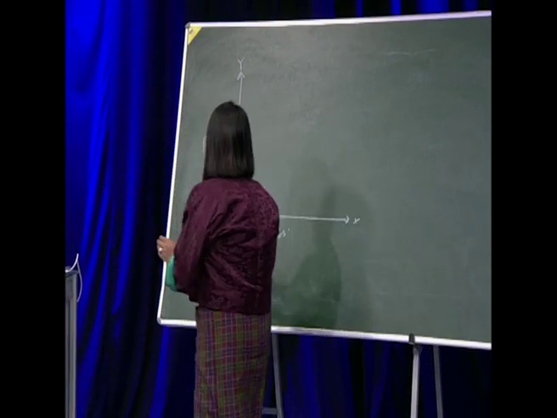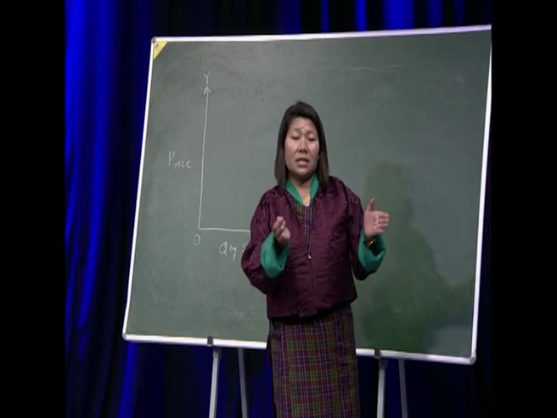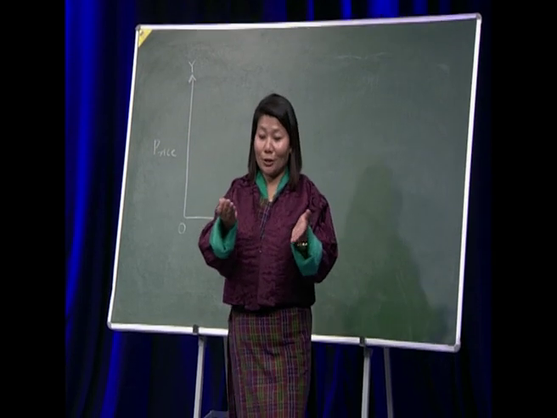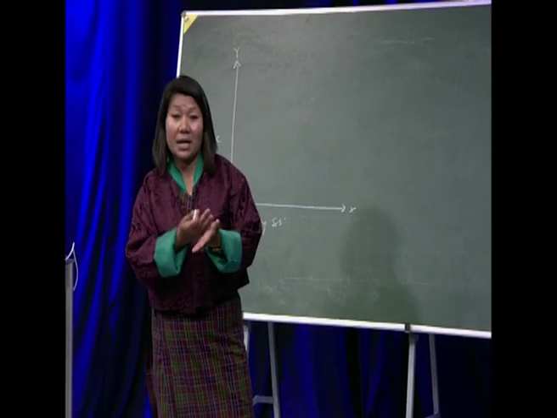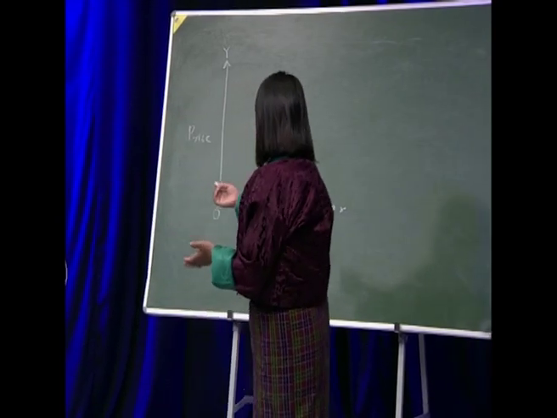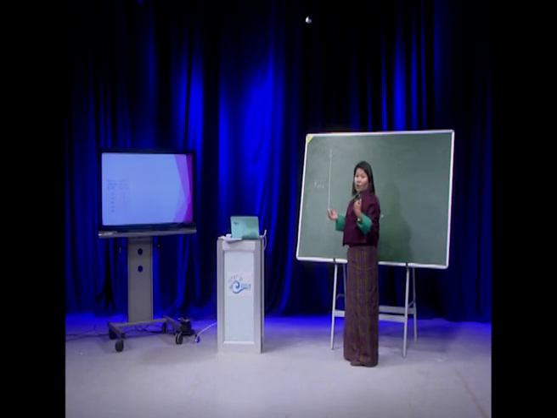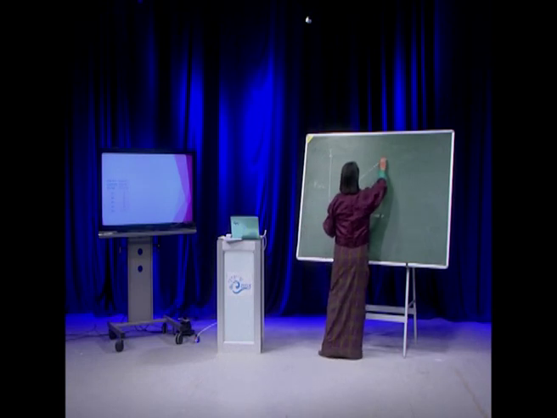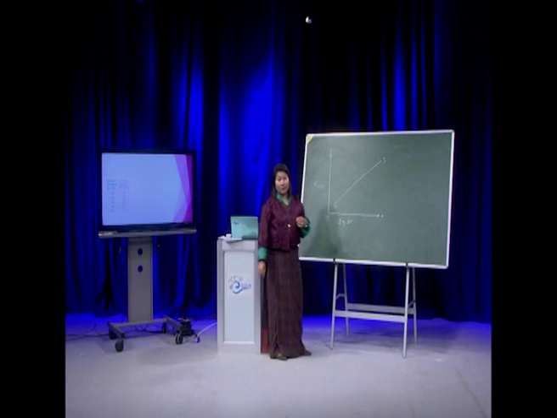This is nothing new to you. You learned this in your mathematics subject, drawing the graph. We're going to borrow the values from the schedule and then draw, and when you draw that, this is going to be your supply curve.